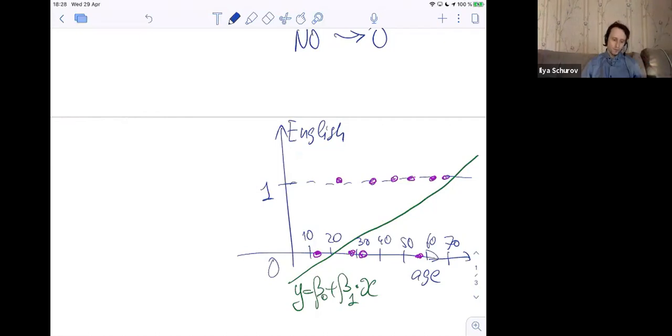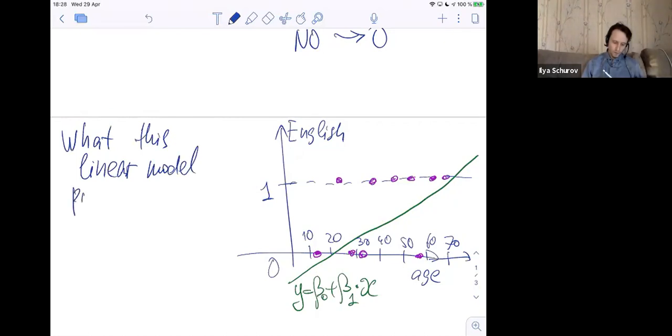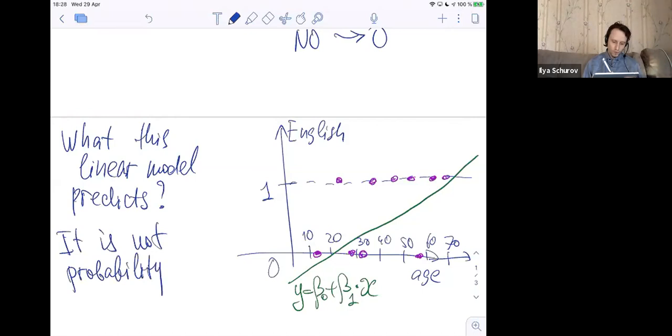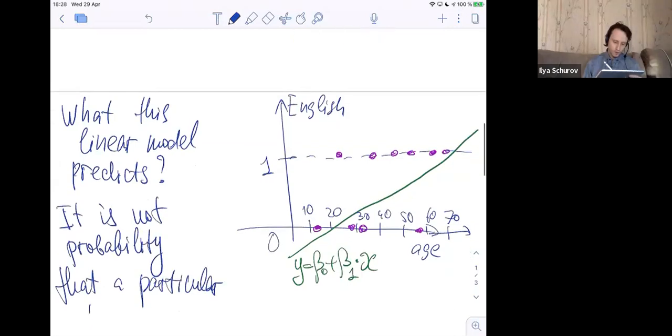So what does this linear model predict? It is not clear. At least it is not probability. It is not the probability that a particular person knows English.